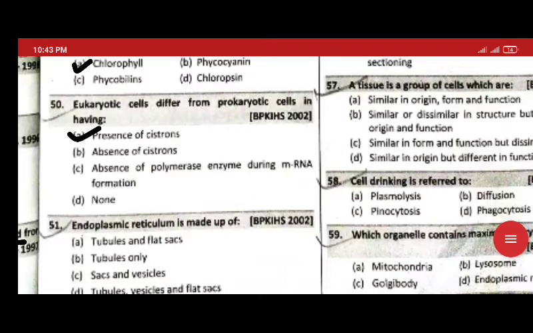Prokaryotic cells are polycistronic, and eukaryotic cells are monocistronic. So cistron is mainly what can be distinguished.